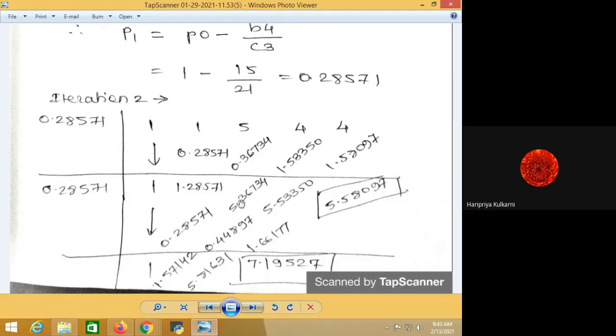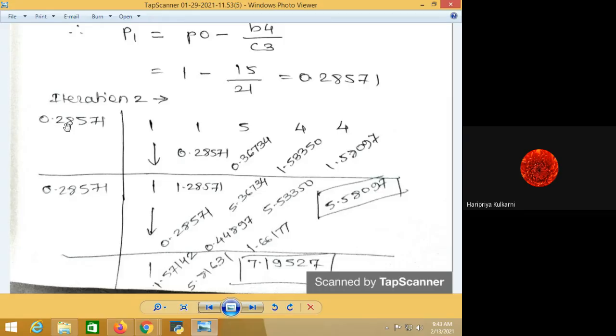Both are positive, so this is additive. The answer is this. This into this will give me 1.66177. Both are positive, so it is additive. So this is C0, C1, C2, C3. C3 is 7.19527.